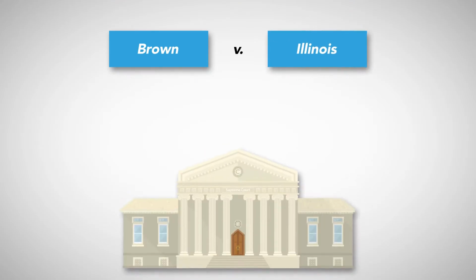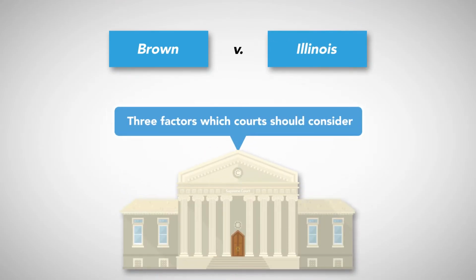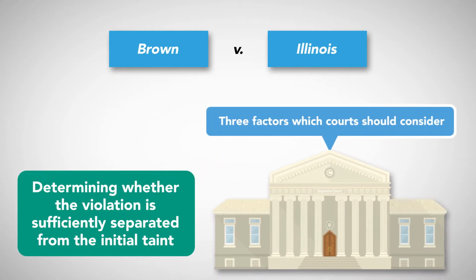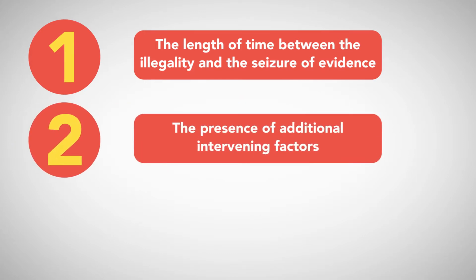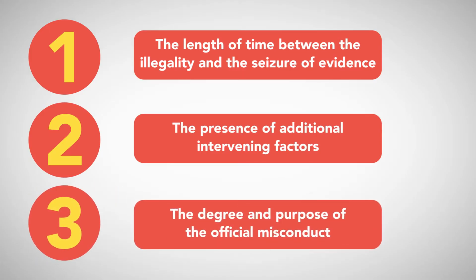Illinois, the Supreme Court laid out 3 factors which courts should consider when determining whether the violation is sufficiently separated from the initial taint. 1. The length of time between the illegality and the seizure of the evidence. 2. The presence of additional intervening factors. And 3. The degree and purpose of the official misconduct.